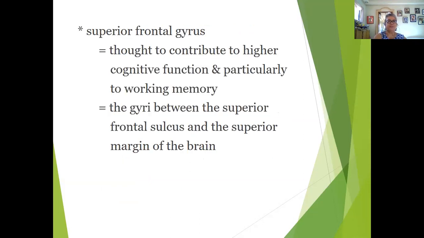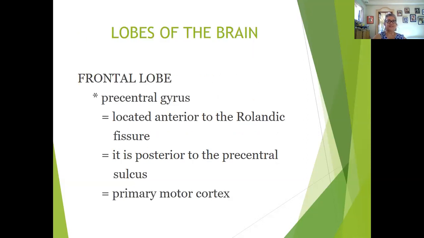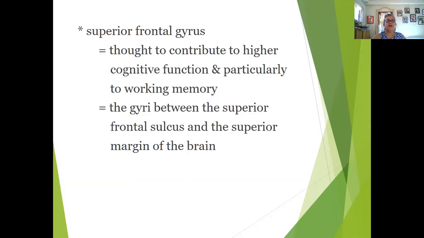But what will be perpendicular to the precentral gyrus will be the superior frontal gyrus, because there will be two sulci that will intersect the precentral sulcus.